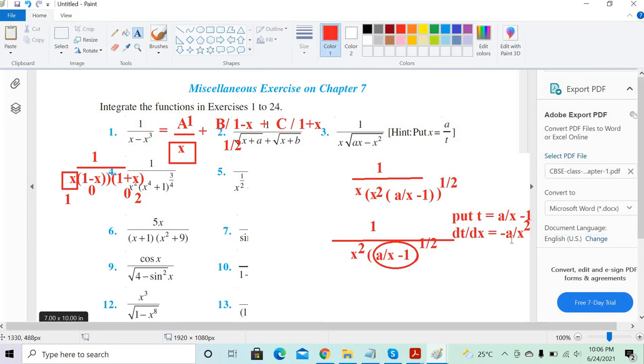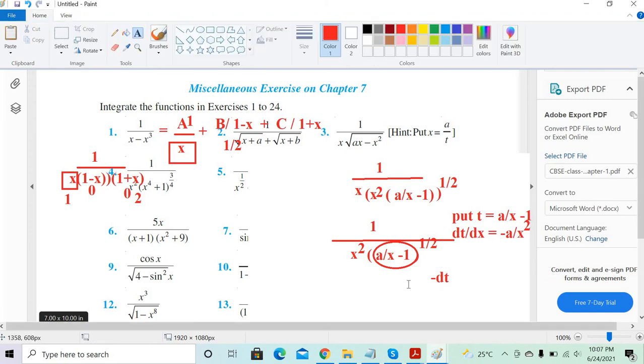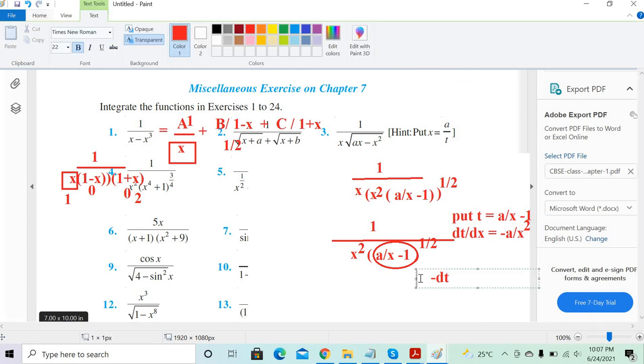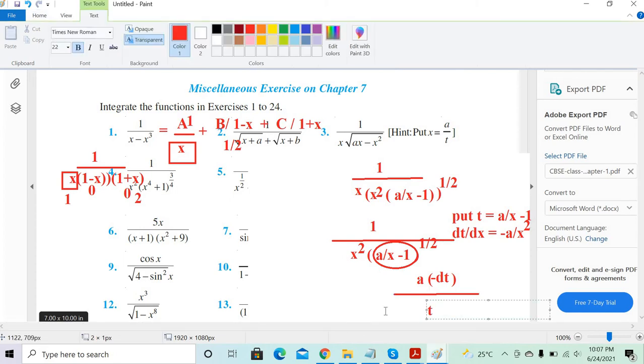So 1 by x square is already there. When you replace it, it will become minus a dt, a will be here, divided by square root of t, t power 1 by 2.